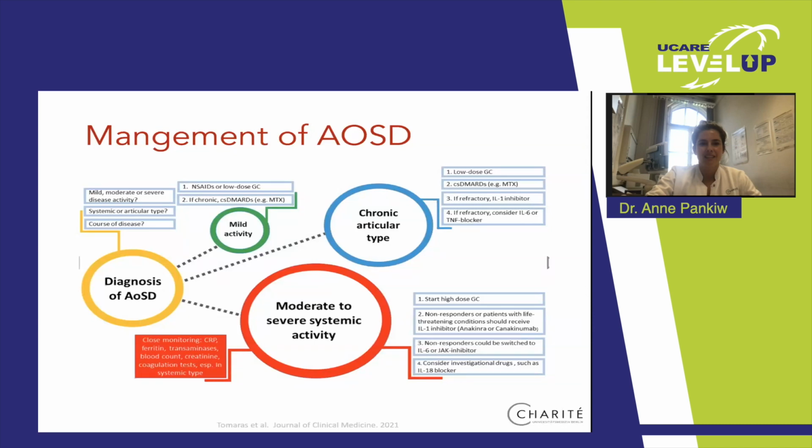If it's more chronic articular type, we can use low-dose glucocorticoids, we can use MTX, methotrexate, or if it's refractory, we can use an IL-1 inhibitor. If it's moderate or severe, like our patient, Mrs. Yu, we start high-dose glucocorticoids, and if they don't respond or it's coming again and again, we can take an IL-1 inhibitor.